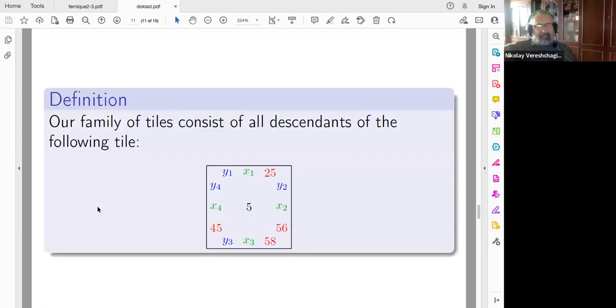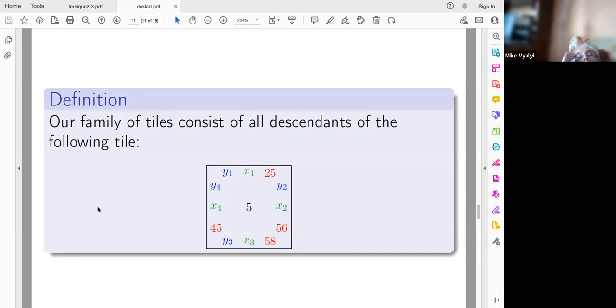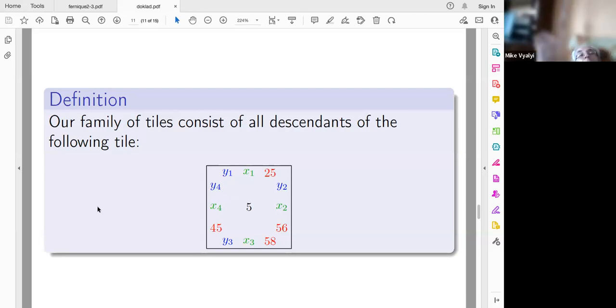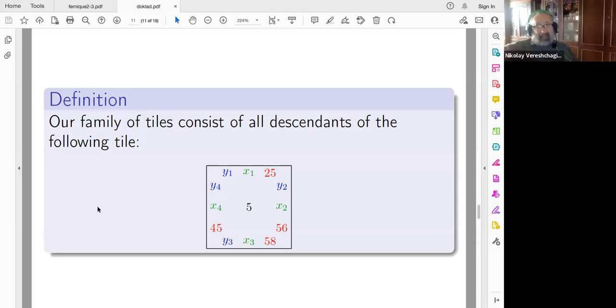Yeah. So the property of this tile is that it is its own parent. But all other tiles have parents by definition. So that's why this tile is chosen as, so to say, the initial tile.